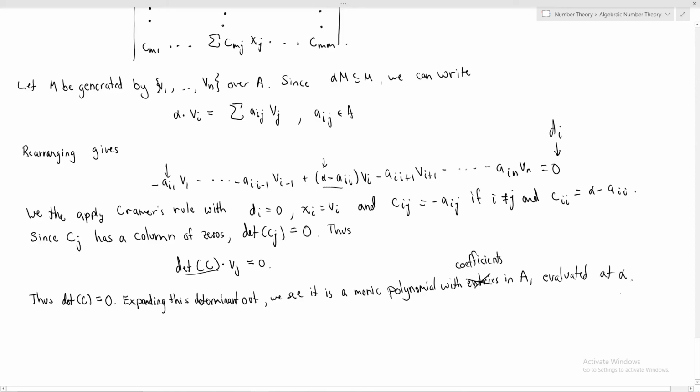Okay, that makes sense now. Since when we evaluate this monic polynomial at alpha, we get 0. Thus, alpha is integral over A.